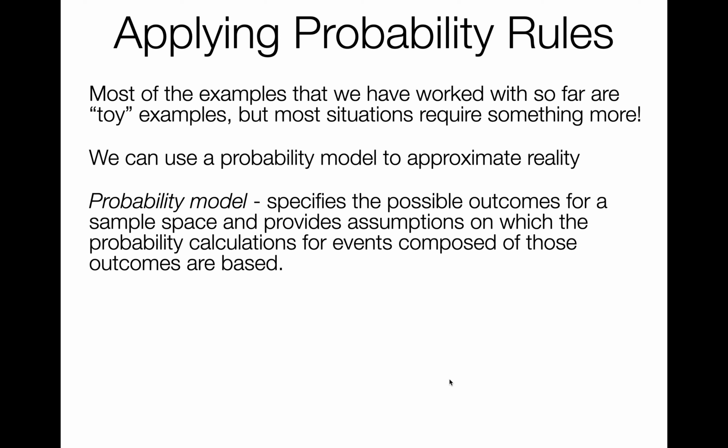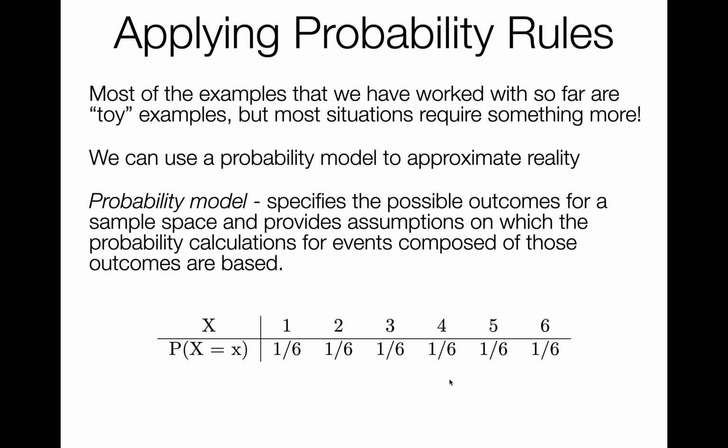So that's a very specific and intricate definition. But what a probability model, or what I'm going to call a distribution, looks like is that it specifies all the possibilities of an outcome, or of the random phenomena, and it provides the probabilities for each of those possible outcomes. So here I have a probability model for rolling a fair dice. If you have a fair six-sided dice, which is the standard dice that most people would know, each side has 1, 2, 3, 4, 5, or 6 on it.